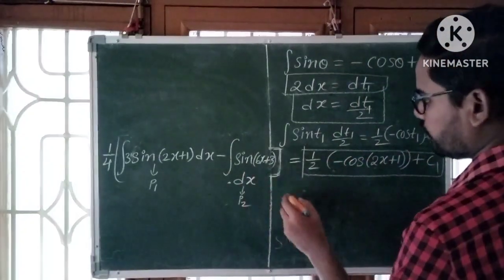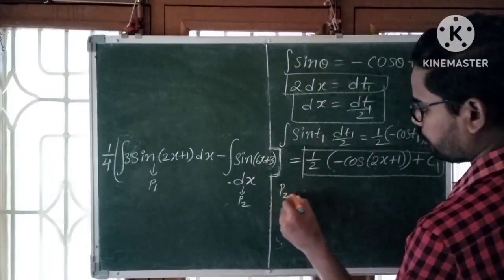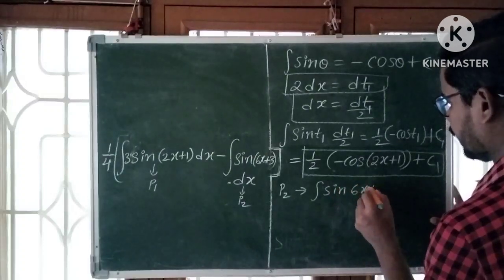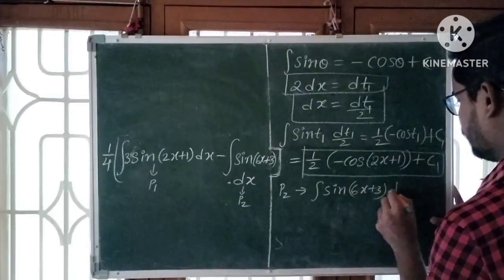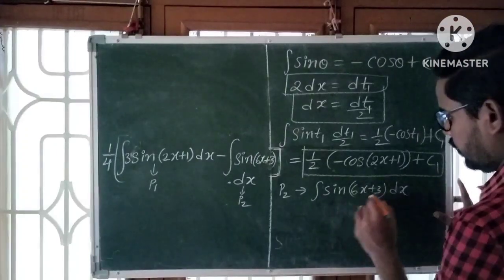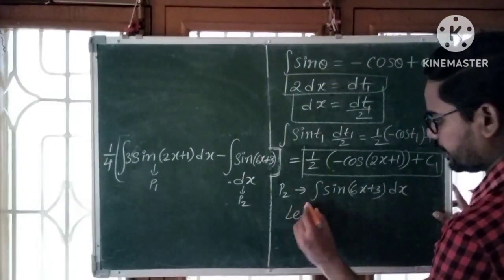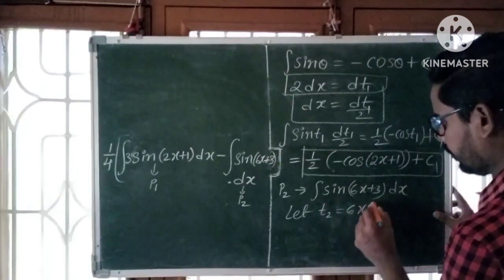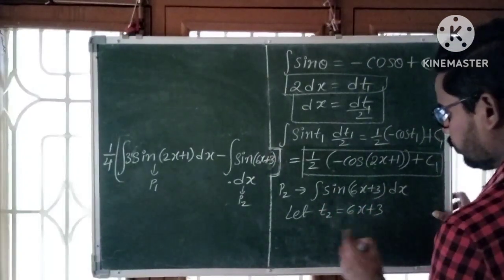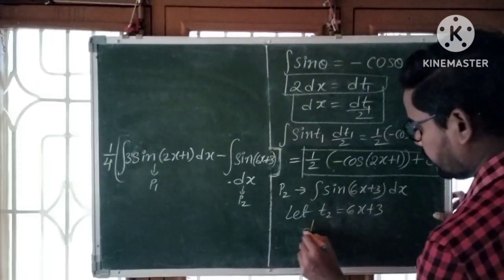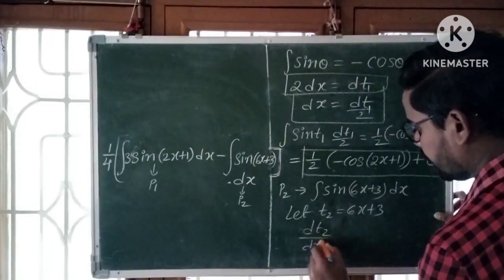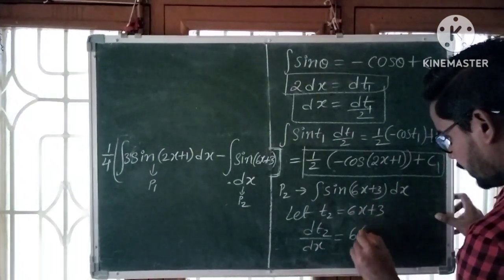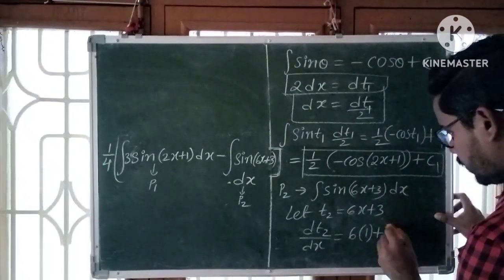Next, part 2. Part 2 is the integral of sine of 6x plus 3 dx. As usual, let t2 equal 6x plus 3. Now apply the derivative on both sides with respect to x. You will get dt2 by dx equal to 6, since 6 is constant, the derivative of x is 1, and the derivative of a constant is 0.